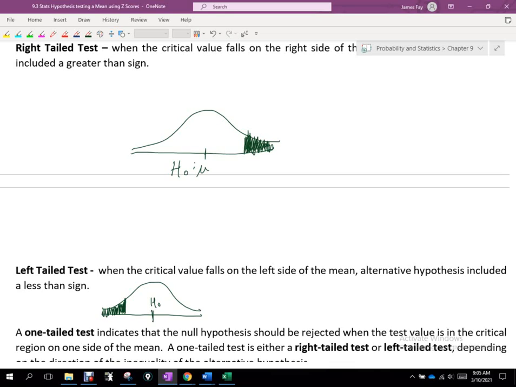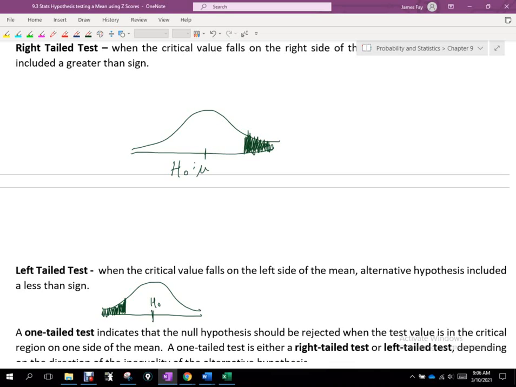So if I run through a sample statistic, a z-score, and it lands in the green, I'll reject the null hypothesis because it's far away. It's strong enough evidence to say that your sample mean is different from the population mean by enough to say that the hypothesized population mean is not true.